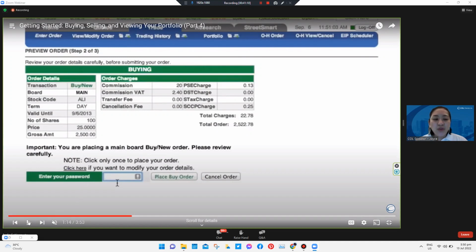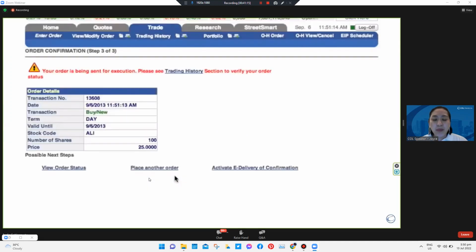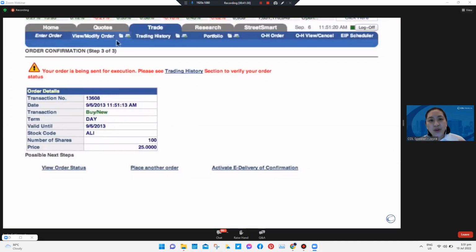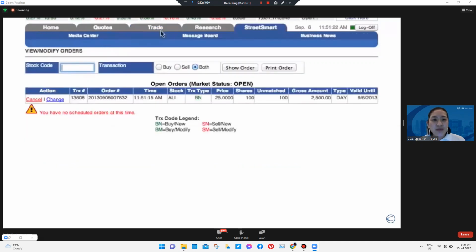If you're okay with this already, you have reviewed it, just put in your password here and then click place buy order. Now that you've placed it, you can actually see whether it had gone through the PSE or not by clicking on view/modify order on the upper left side.